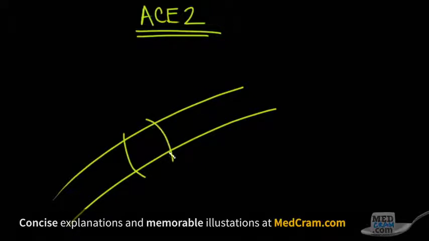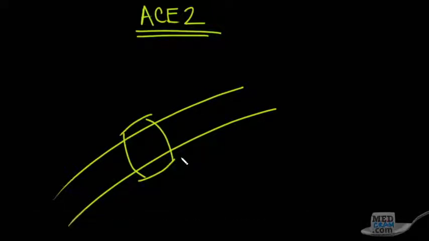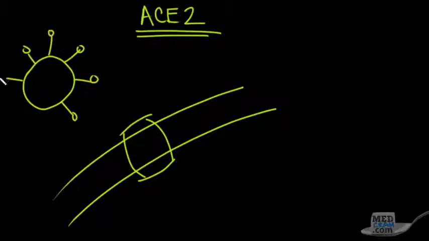of the cell, there is a receptor for the SARS-CoV-2 virus, which is the thing that causes COVID-19, which is the coronavirus. And so here we have the virus, and it's got these projections that make it look like rays of the sun. That's why it's called the coronavirus. This is SARS-CoV-2. This is 2019 coronavirus.